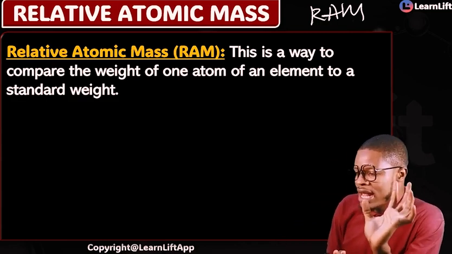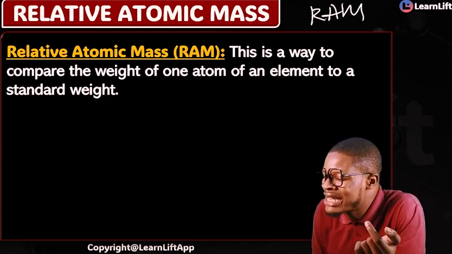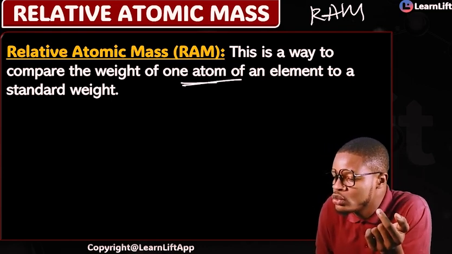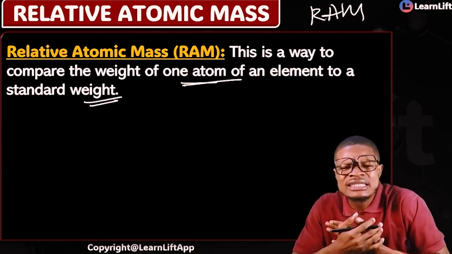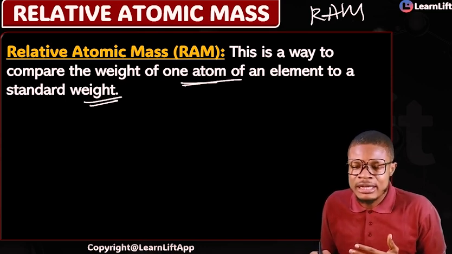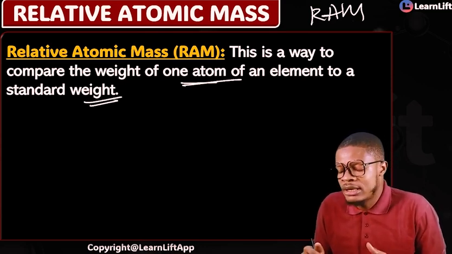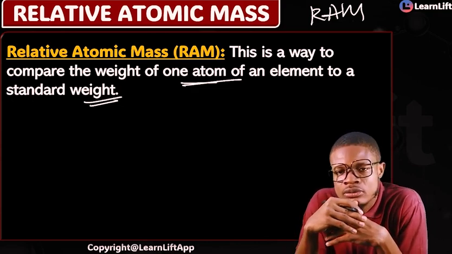It is the way that we use to compare the weight of one atom of an element to a standard weight. For example, in biology, there is an average weight for an adult.